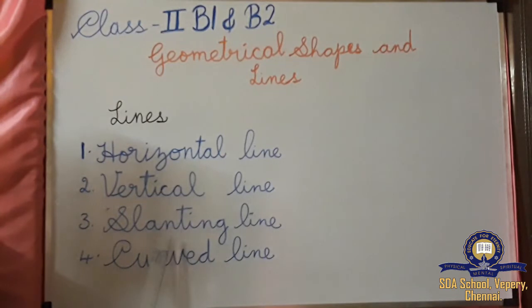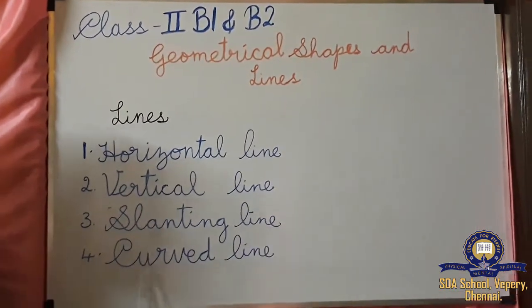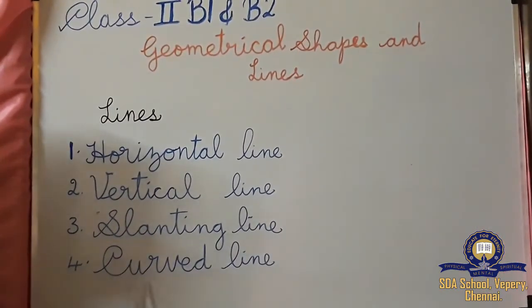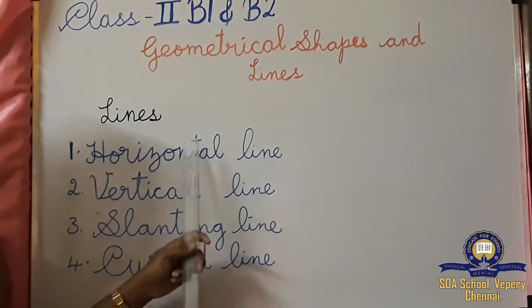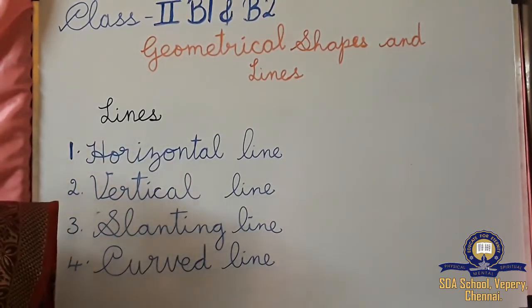Slanting: S-L-A-N-T-I-N-G, slanting line, line. Curved: C-U-R-V-E-D, curved line. Now one by one we are going to learn the lines and the positions.